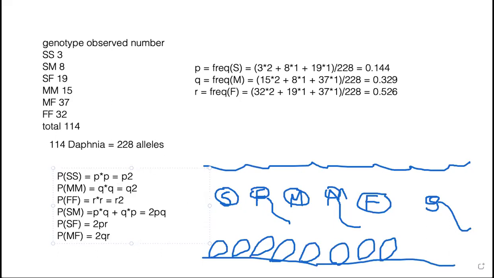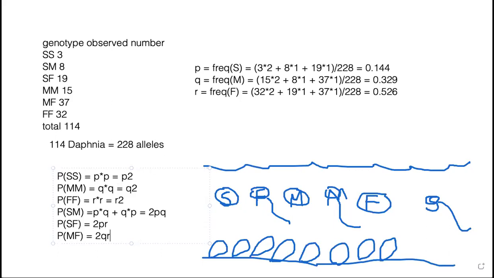I set that up slightly wrong. If I have 26 alleles, the probability of an individual in that population being homozygous for allele number 26 is just the square of the frequency of that allele.